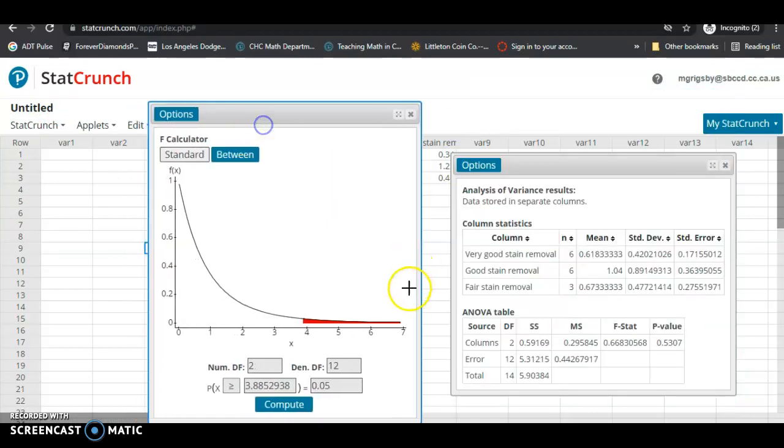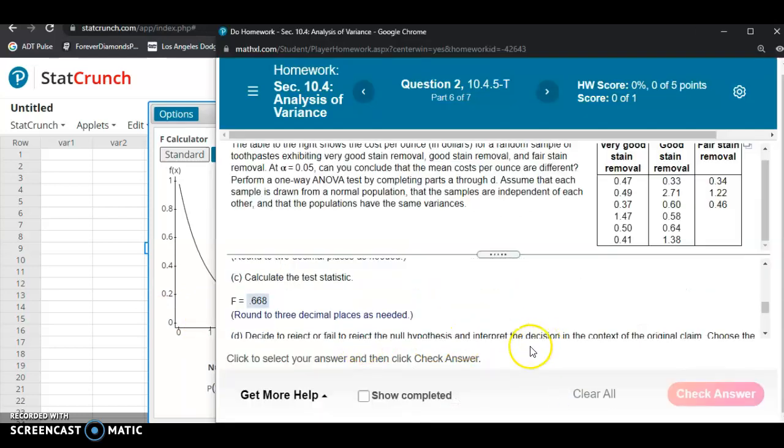So this was our rejection region. Our critical value is here at the edge of the rejection region. Our test statistic 0.668 is between 0 and 1, so it's way over here. So we can clearly see that our test statistic is not in the rejection region, so we are going to fail to reject the null hypothesis.